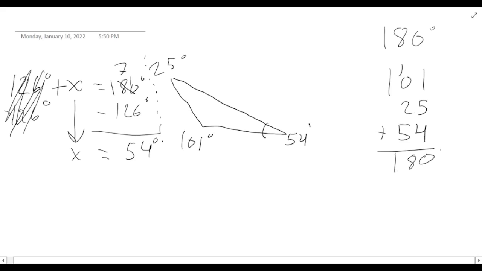And then you drop down the 1, and we have a grand total of 180 degrees. So remember, this 180 degree number is true for any and all triangles. We tried 3 different triangles, and all of their angles must equal 180. So if you ever need to find the missing angle, just remember that they all have to add up to 180.